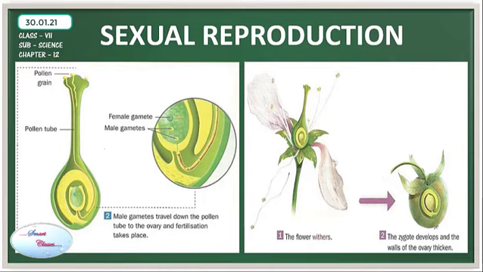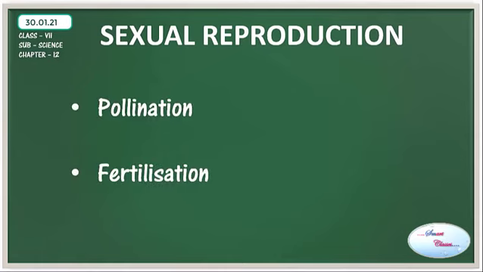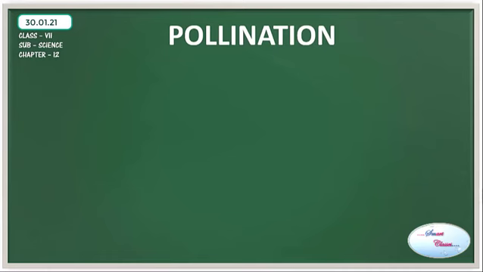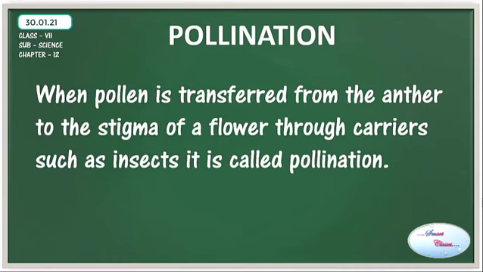Now we have to study pollination, which comes under sexual reproduction. Then we will study fertilization. When pollen is transferred from the anther to the stigma of a flower through carriers such as wind, water, or even insects, this process is called pollination.